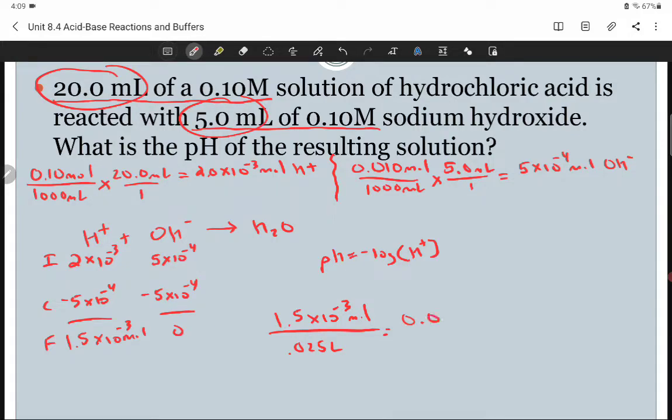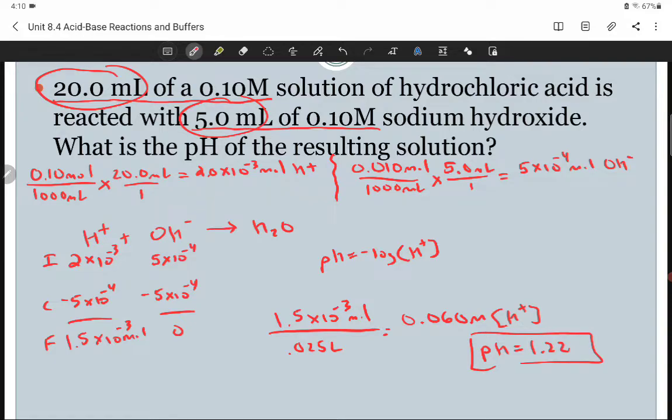And that molarity comes out to be that for hydronium. Take the negative log, and we'd get that.